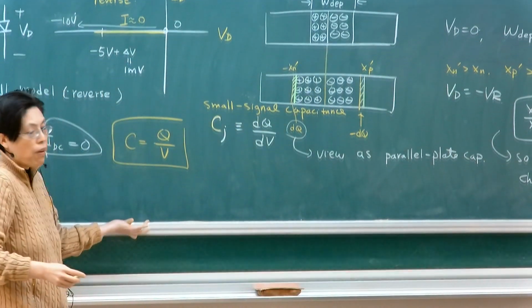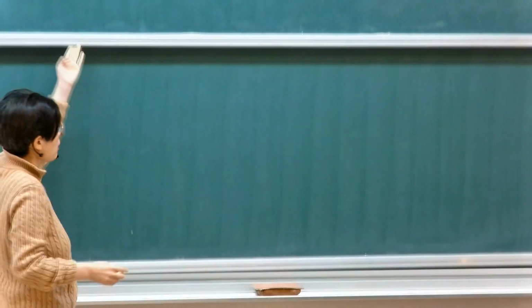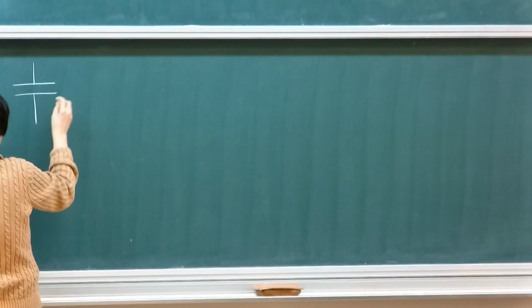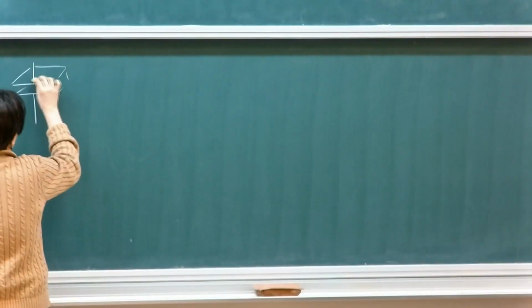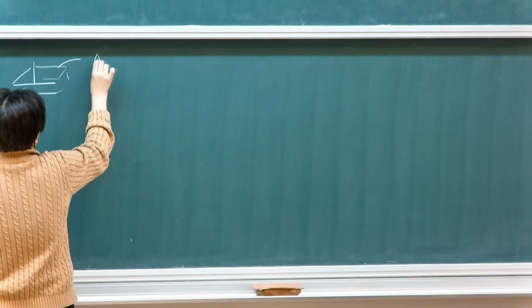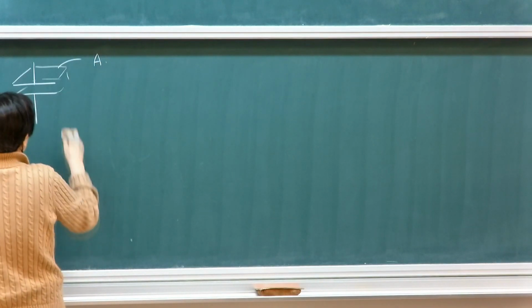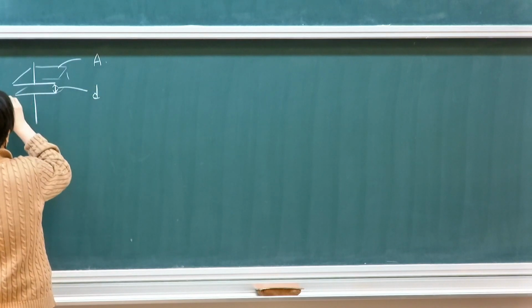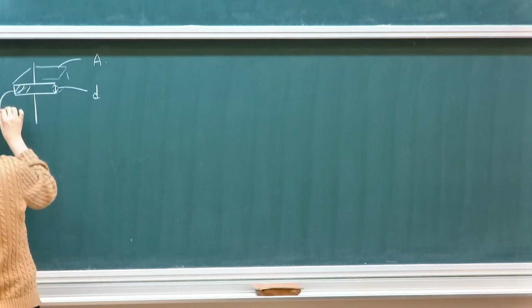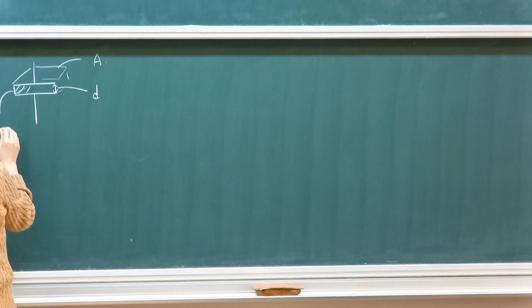Everyone knows how you define the capacitance in a parallel plate capacitor, right? If I have a plate of an area A, then the key parameters, of course, are the distance between the two plates and the material permittivity of this particular dielectric.